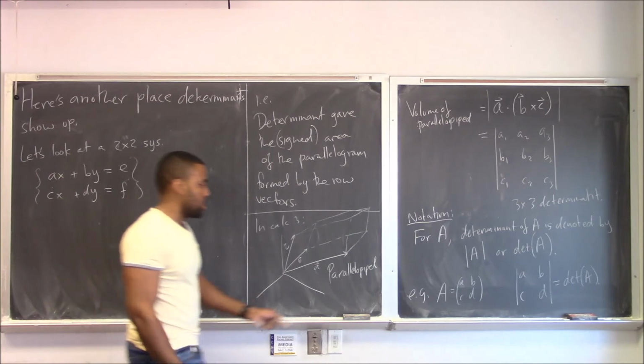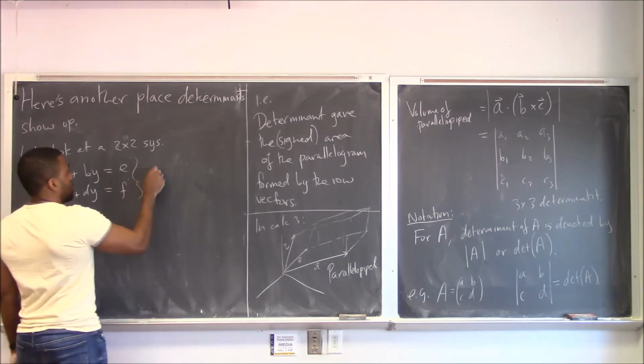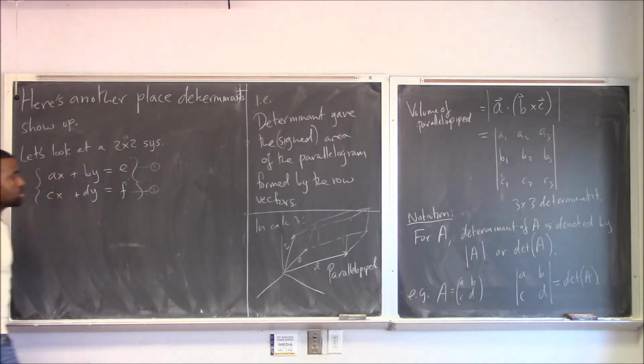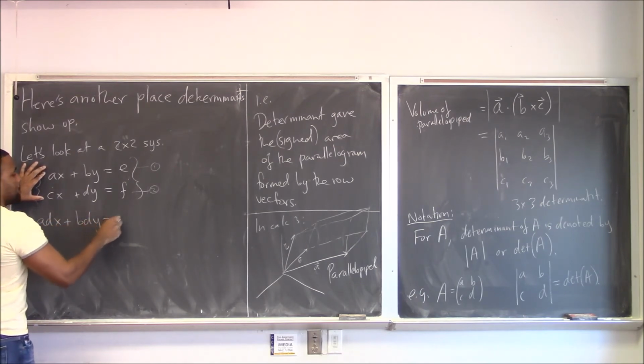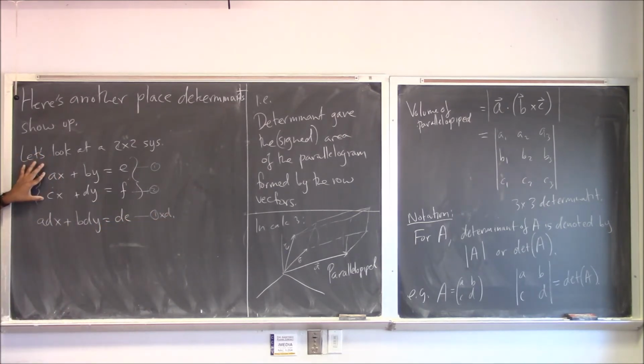We'll also see where a solution will not exist by doing this manipulation. Let's do the elimination method. Call this row 1, call this row 2. Let's say I wanted to eliminate the y. What I can do is take row 1 and multiply by d, and take row 2 and multiply by minus b.